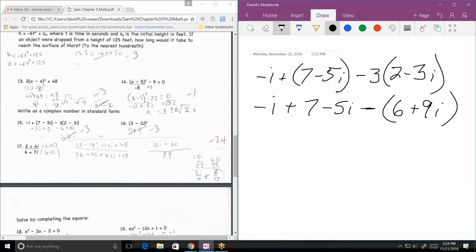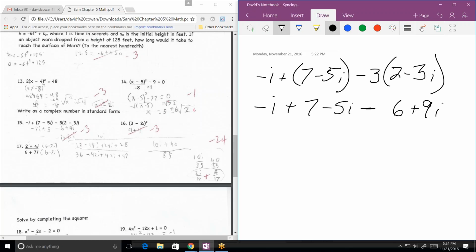But if I leave the parentheses there, that turns into minus 6 minus 9i. I don't want it to be minus 9i. I can erase the parentheses, and now I have the right answer. In other words, my second row should read minus i plus 7 minus 5i minus 6 plus 9i. Is that what yours reads?